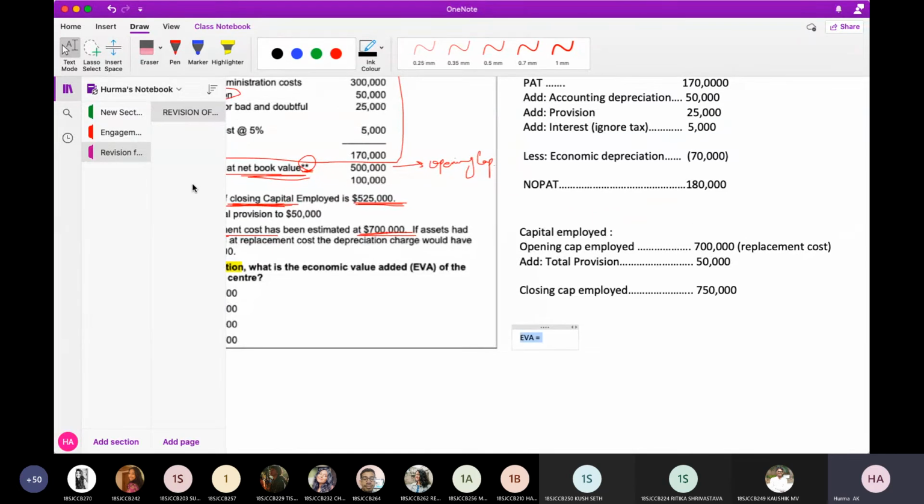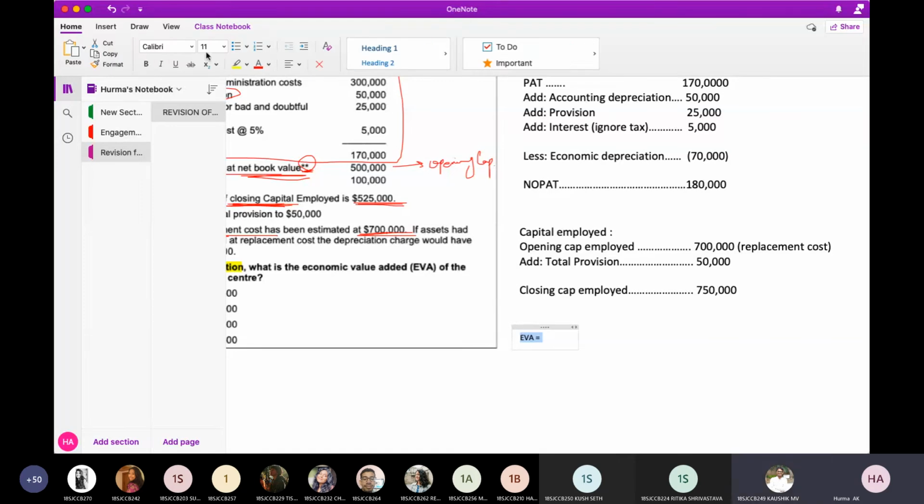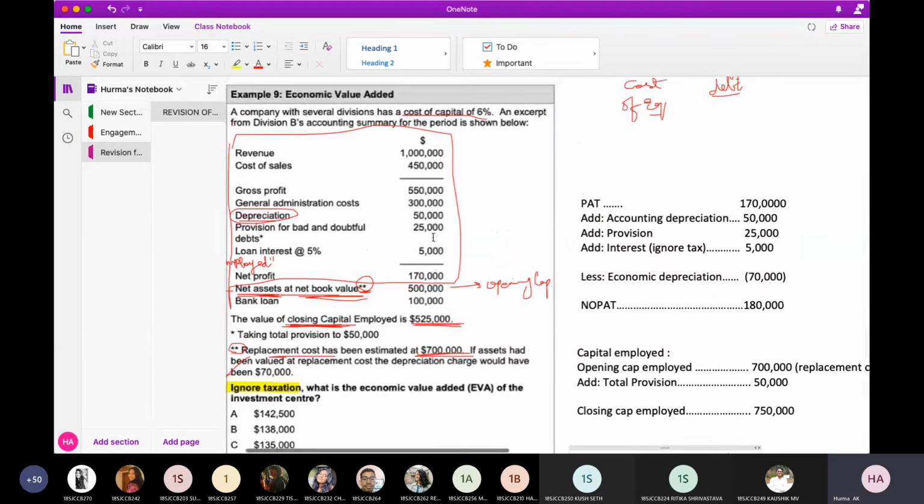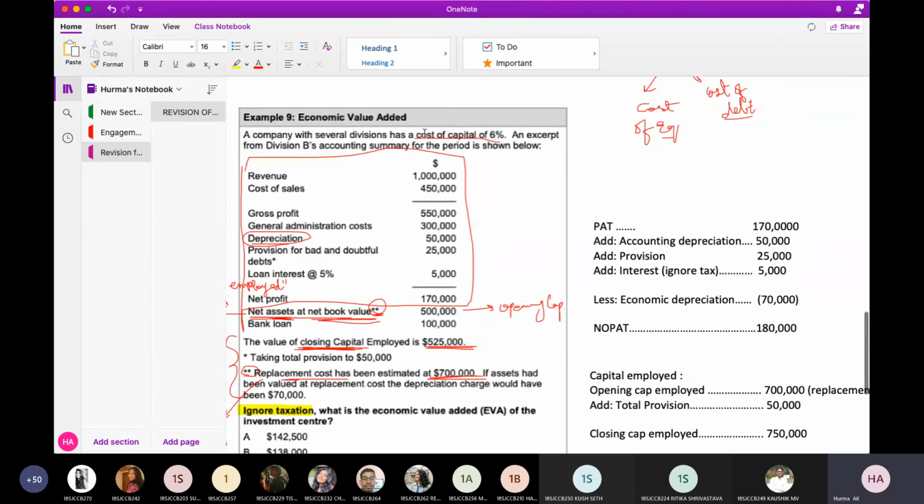You can tell me the formula, or I put in the figures. Closing capital employed into the cost of capital. So first you have to deduct that, and then calculate this expected return.